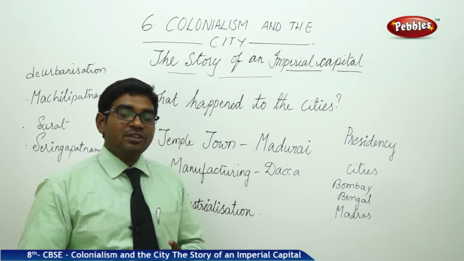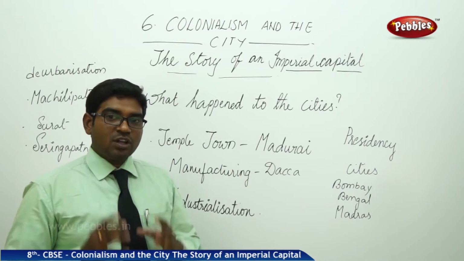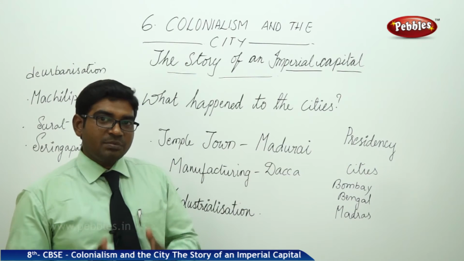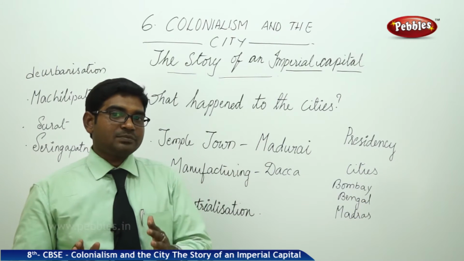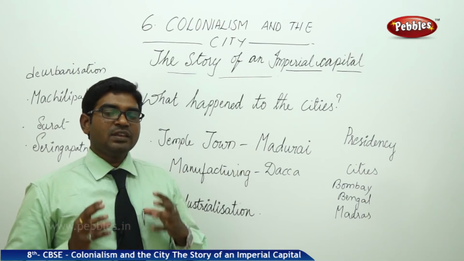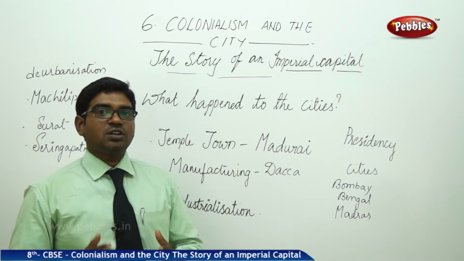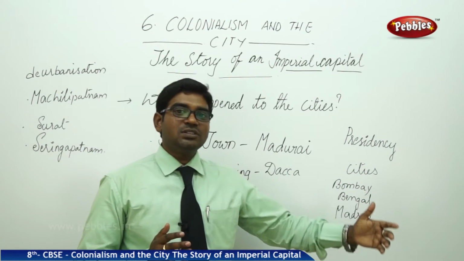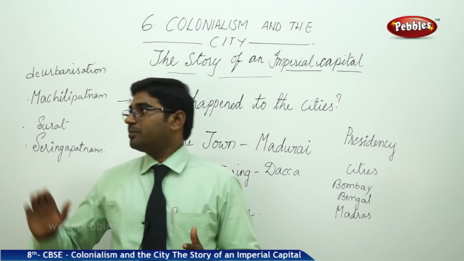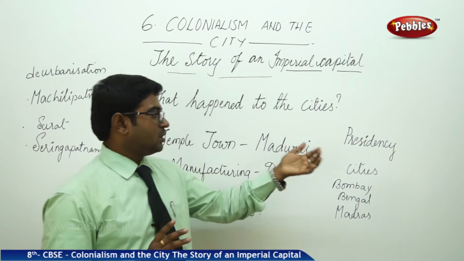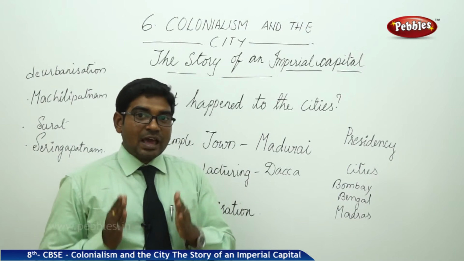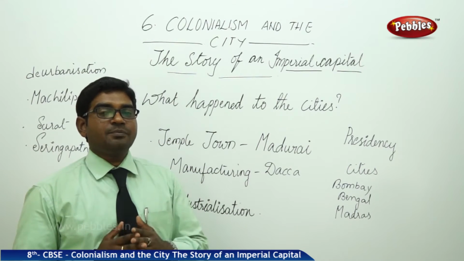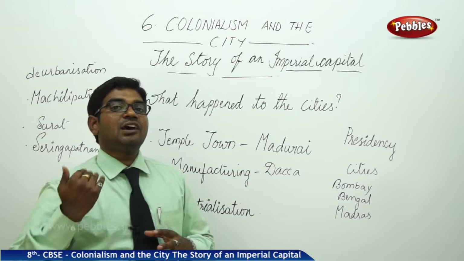When people are migrating from an urban area, the town where it got urbanized, and they are moving to some other place, not back to the village, moving from this particular city or town to the newly emerged cities, like for example from Machilipatnam to Madras, then this urbanized Machilipatnam is now getting de-urbanized.